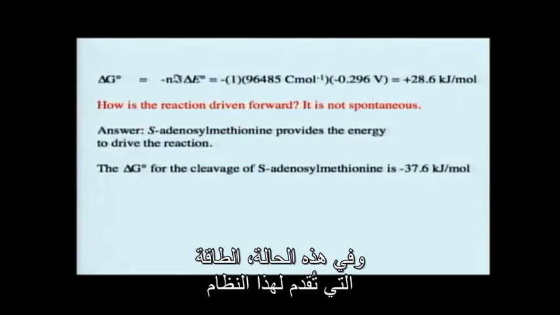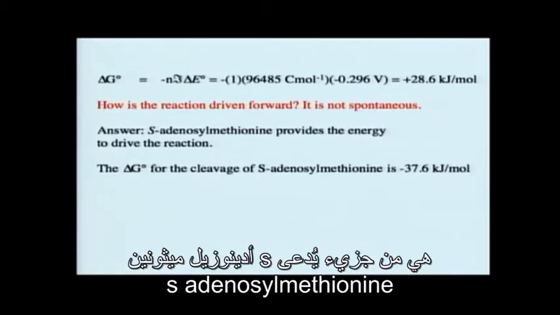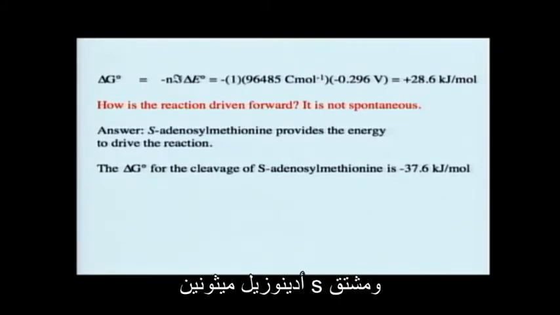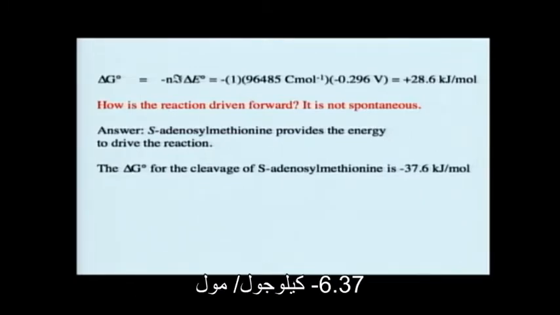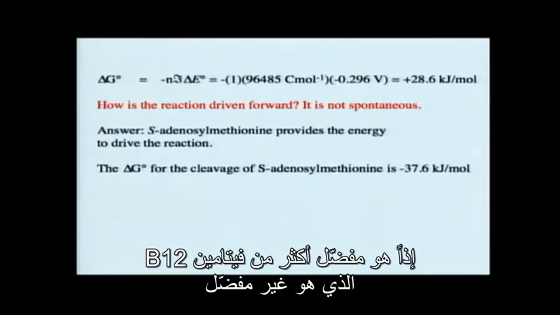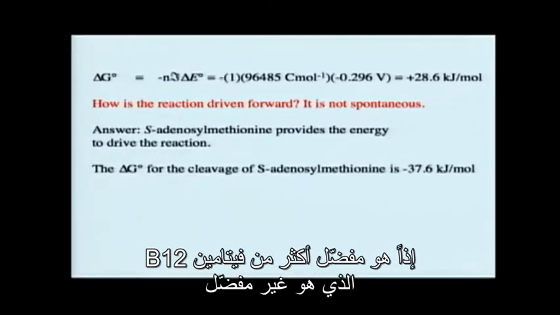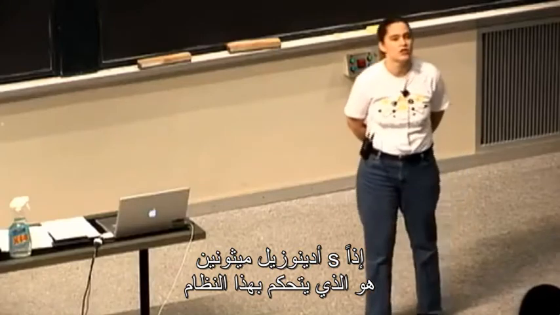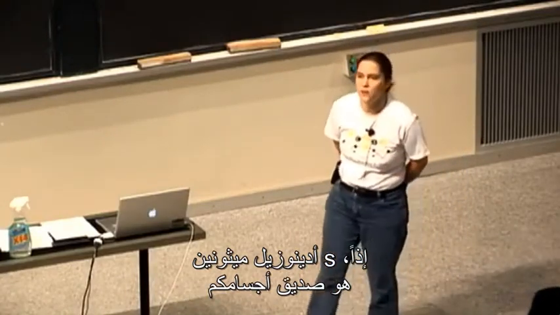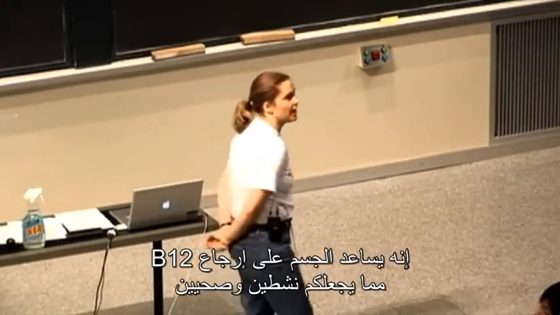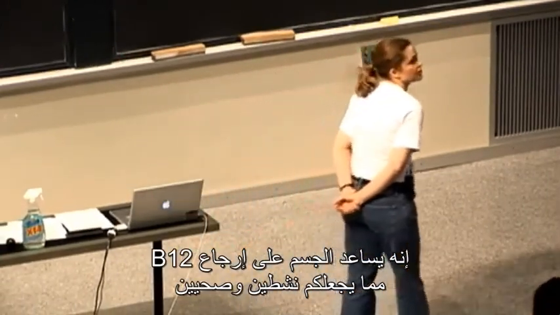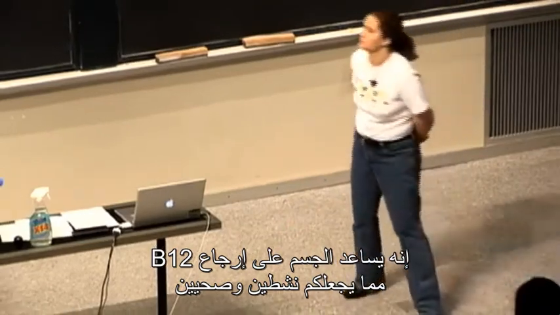And in this case, the energy that's put into the system is from a molecule called S-adenosylmethionine. And the cleavage of S-adenosylmethionine has a delta G naught of negative 37.6 kilojoules per mole. So it's more favorable than the reduction of B12 is unfavorable. And so this drives the system. So S-adenosylmethionine is your friend. It helps in the body for B12 to be reduced so that you can function and be healthy.